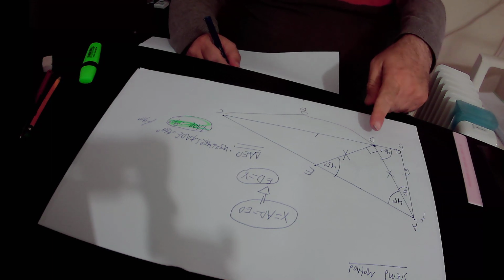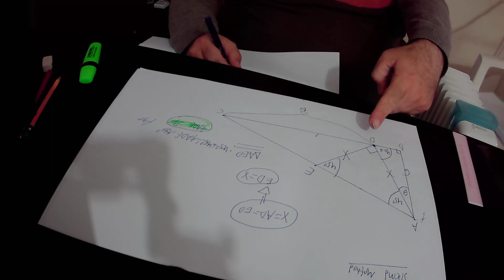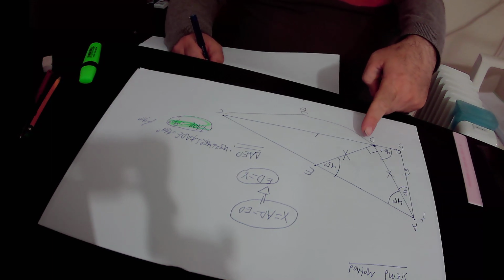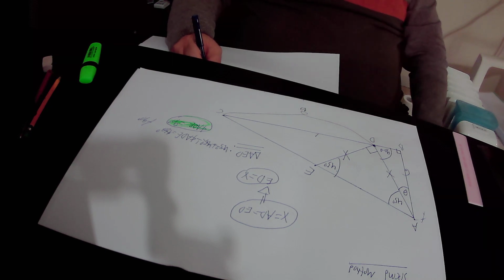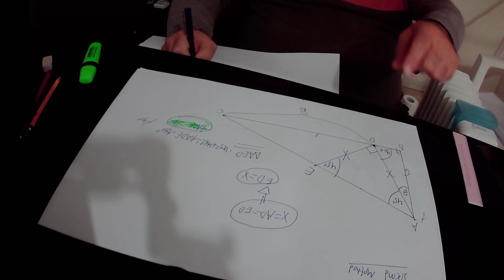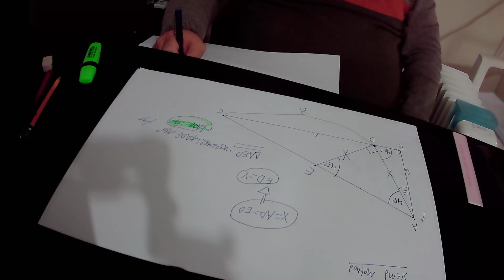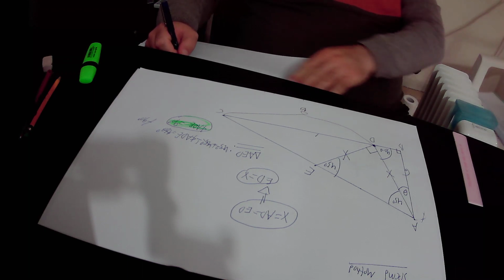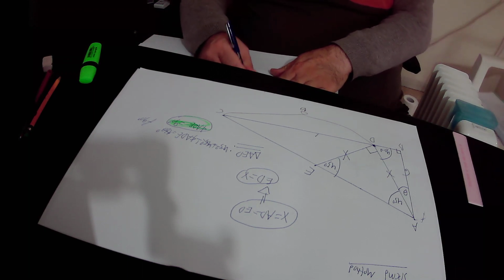And we also have the missing angle, angle EDC, this angle. In total, the sum of those three angles must be equal to 180 degrees, according to the rule that I mentioned, that the sum of the angles on one side of a straight line must be equal to 180 degrees.